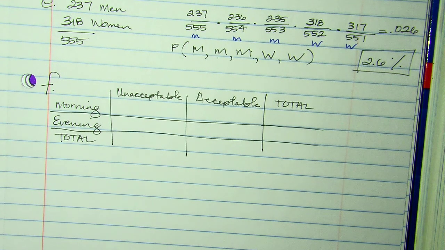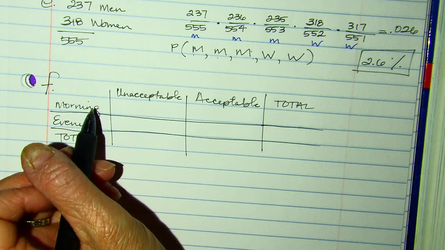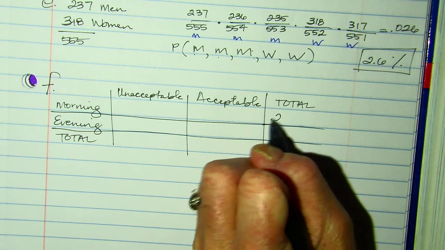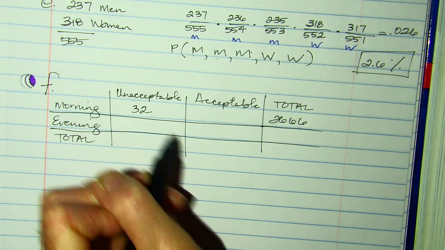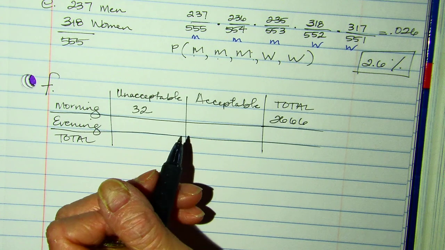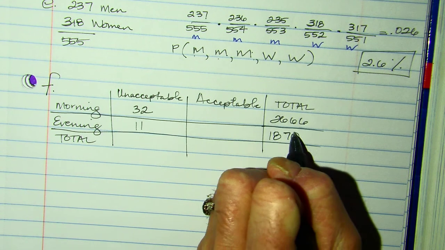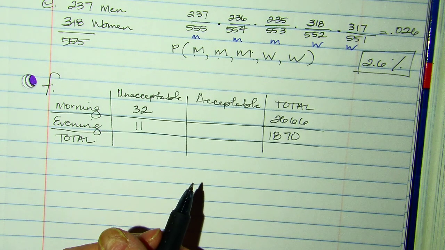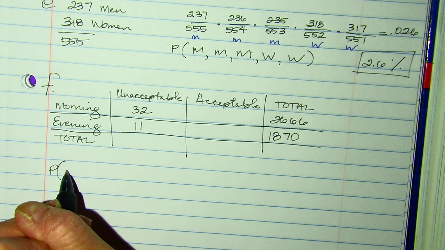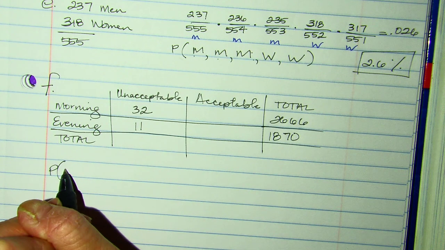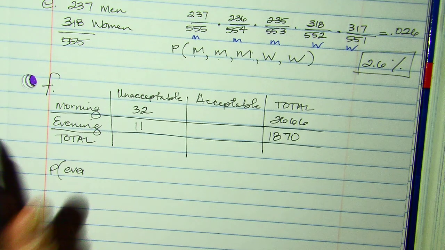All right, so it says at a factory it was found that during the morning shift, 32 out of the 2,666 boxes had unacceptable weights. And during the evening shift, 11 out of the 1,870 boxes had unacceptable weights. Find the probability that a box was filled in the evening.